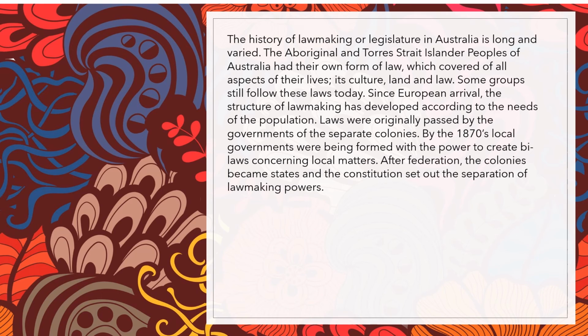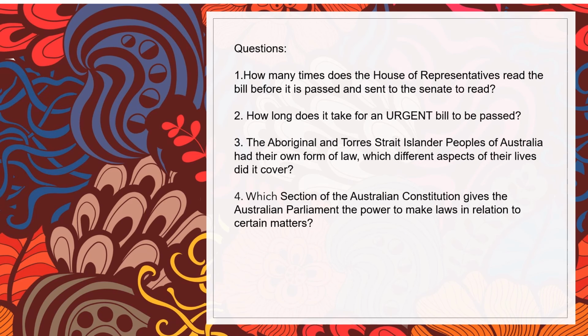Laws were originally passed by the governments of the separate colonies. By the 1870s, local governments were being formed, and the power to create bylaws concerning local matters was introduced. After federation, the colonies became states, and the Constitution set out the separation of lawmaking powers.